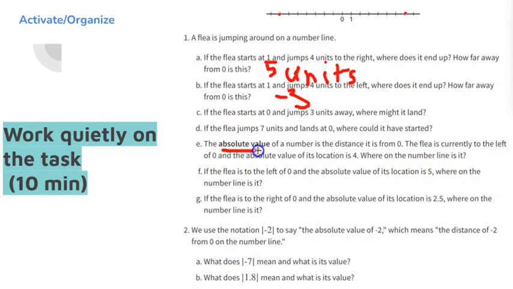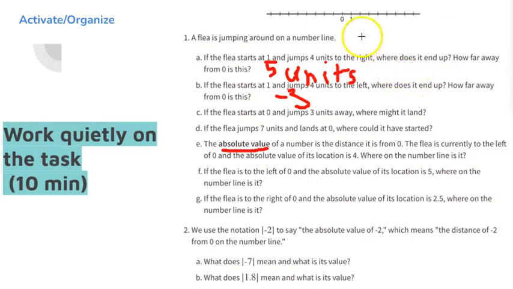All right, the absolute value of a number is the distance it is from 0. The flea is currently left of 0, and the absolute value of its location is 4. So where is it on the number line? Remember, we just said that absolute value is however many units, positive, negative, doesn't matter, how many units it is from 0.